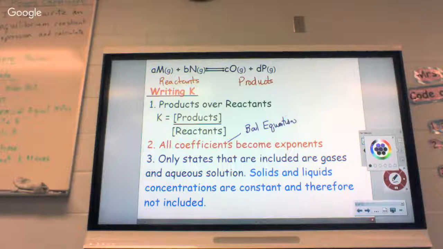Therefore, they're not included. You mark them out. Cancel that. That's correct. You're right, correct. That's exactly what I'm saying.